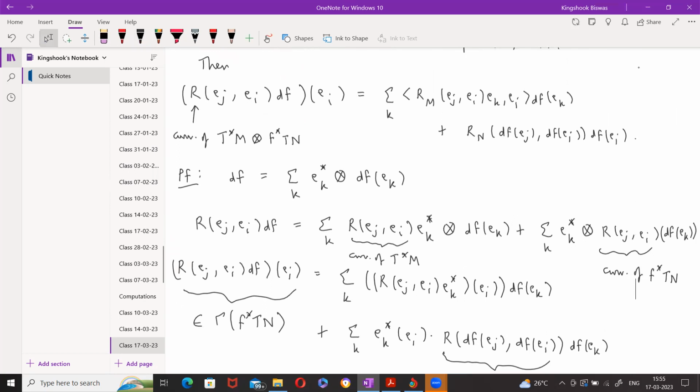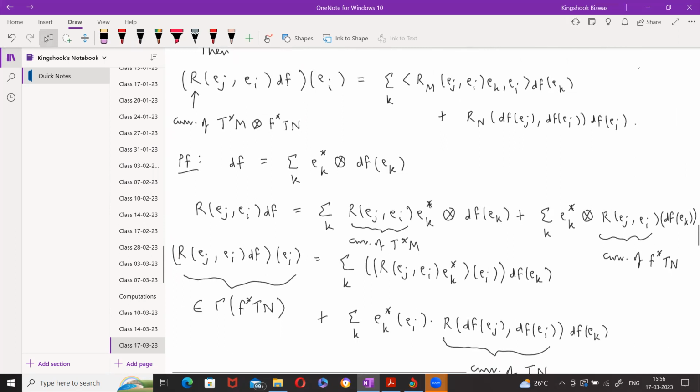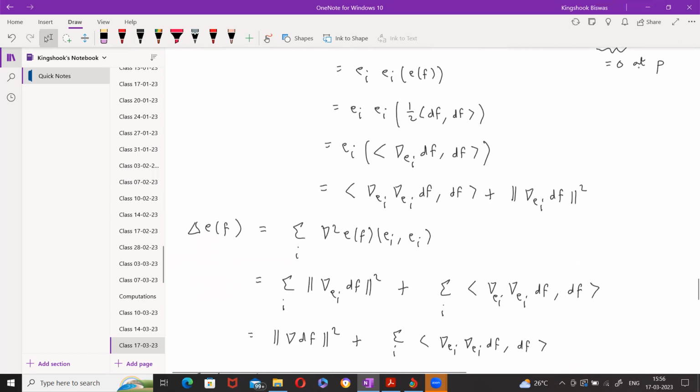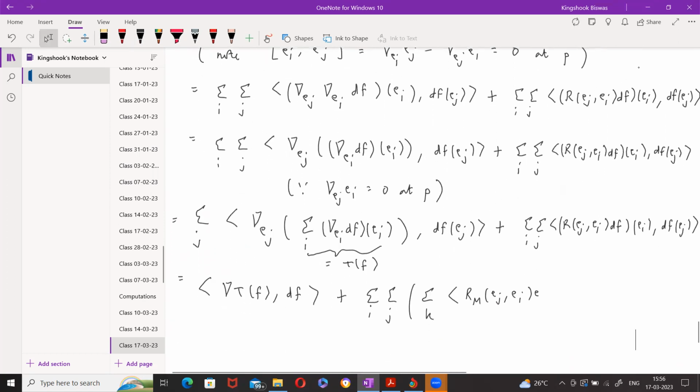Okay, so let me go back down. It's quite a long computation. EJ, EI, EK, and then EI. And then I had this into DF EK, and then I have inner product DF EJ. So this will be inner product DF EK, DF EJ, right? Okay.